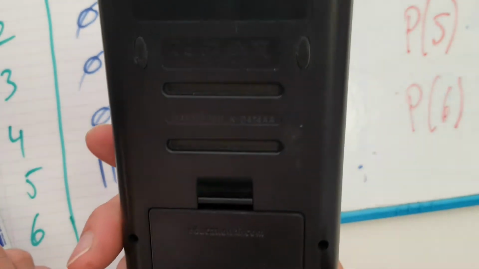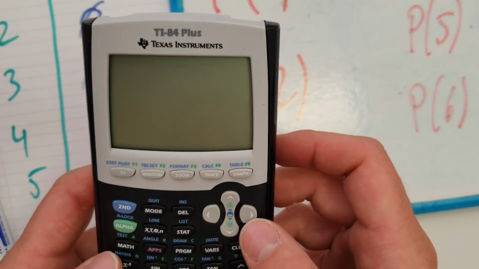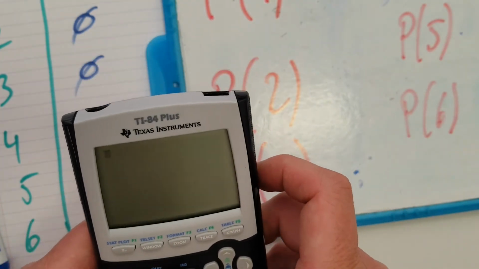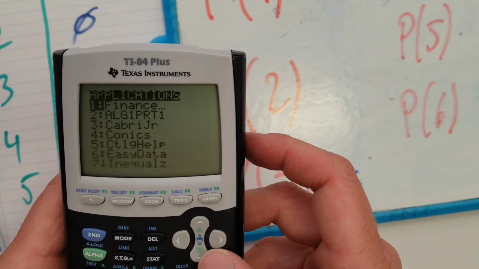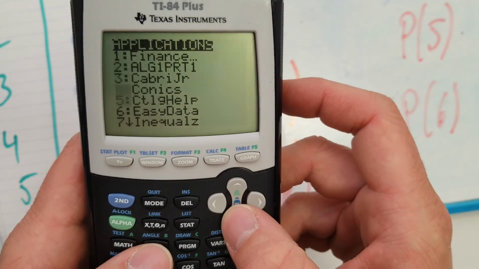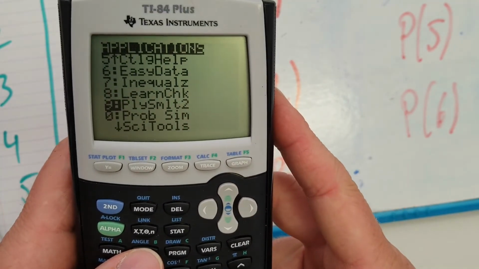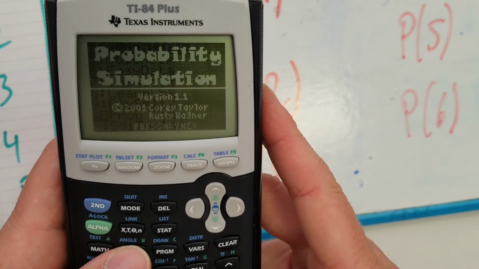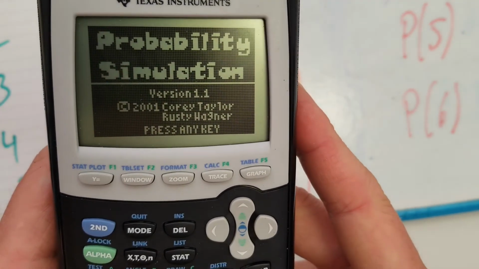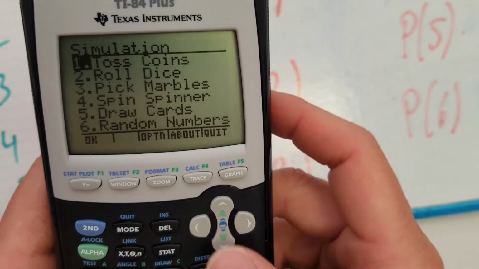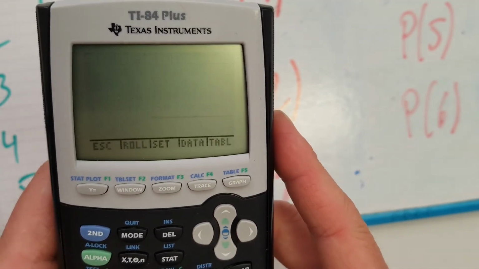It's, I don't know, doesn't say on the back how old it is, but it's probably like 20 years old. And there's a section in here called Probability Simulator. Oh man, this is retro. Okay, so probability simulation. Look at that, 2001. It's like older than you guys.